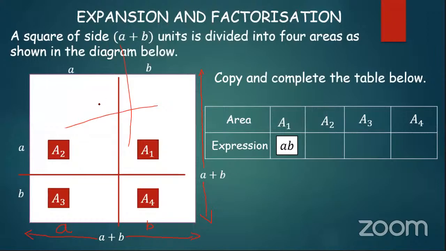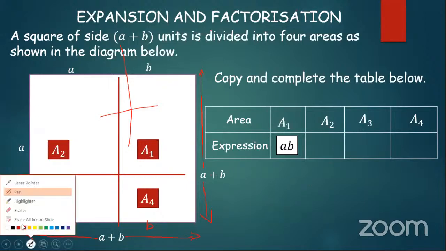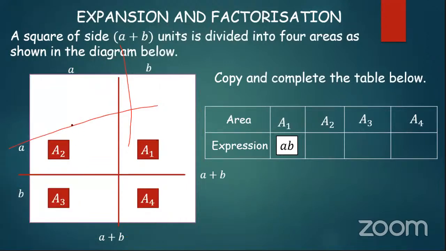So this is our square, this is A, B, and that. So if we copy and complete the table, what shall we have? What would be area A2? AB. A2.